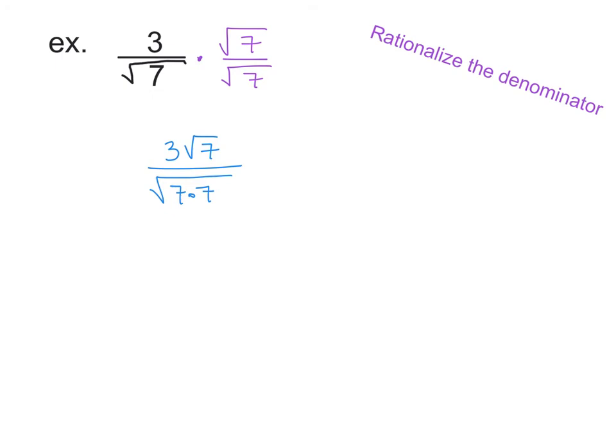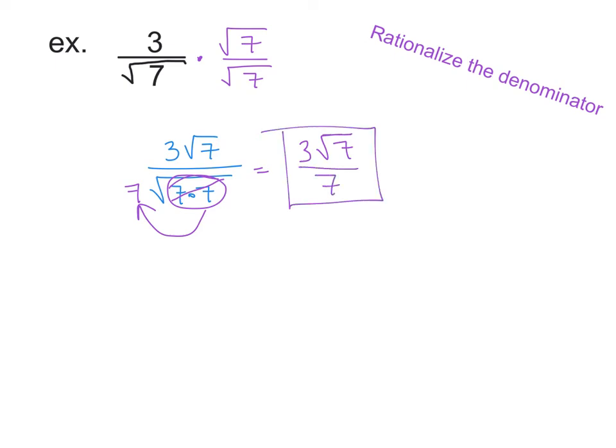What did we learn earlier? We learned anytime there's two somethings in a set, two sevens, in a square root, I cross it out and pull out a representative. Now I have 3 root 7 over 7. What have I done? I have rationalized the denominator.